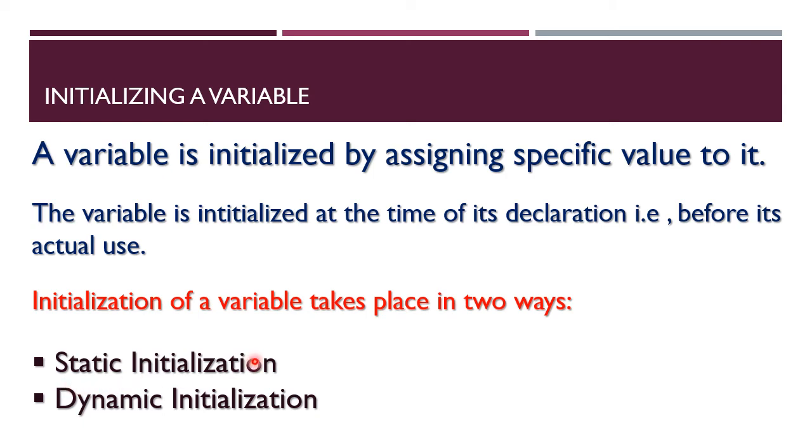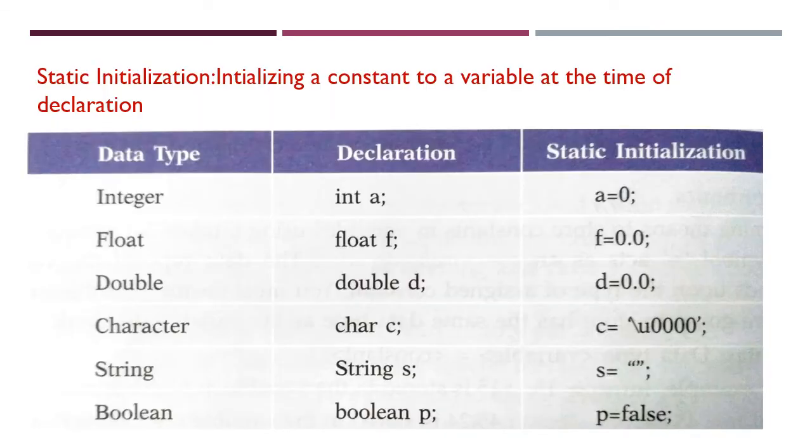Static initialization. Let us see. Initializing a constant to a variable at the time of declaration. When you declare a variable and initialize it to some value, that kind of initialization is called static initialization. See here, int is a data type and it is declared with int a.